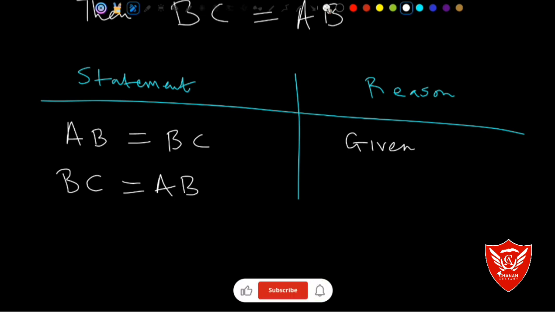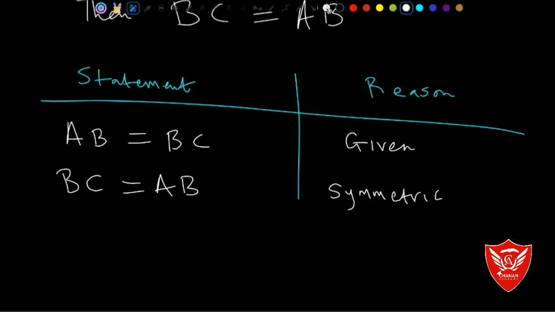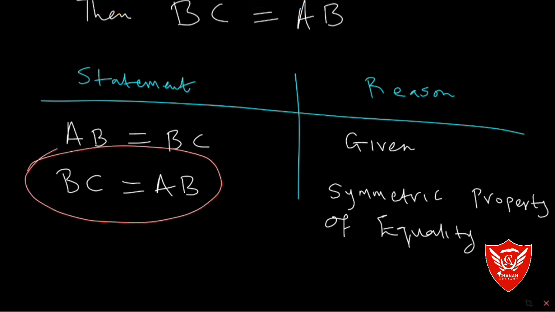So from this point, we know that there is a property known as the symmetric property of equality that states that this is correct. So this is why this statement is correct. And with this, you've proven it. So therefore, this statement has been proven.